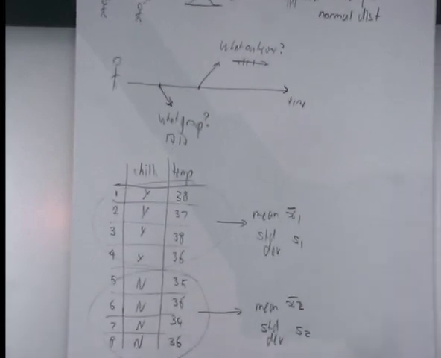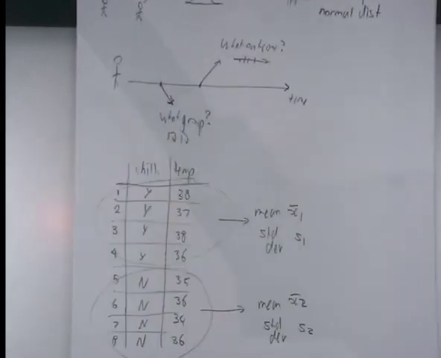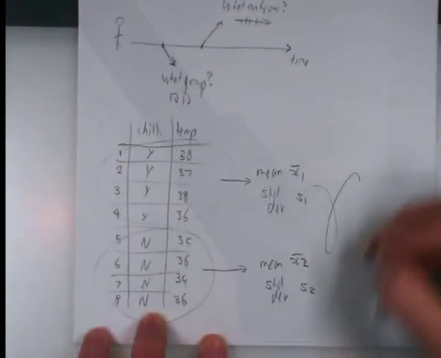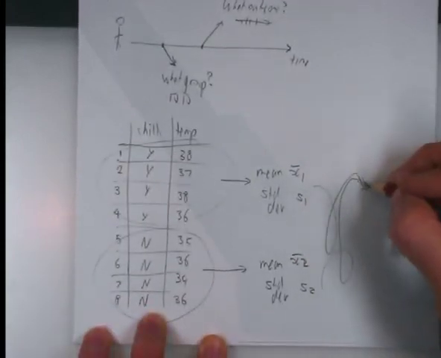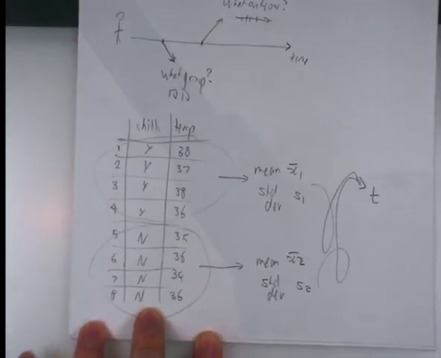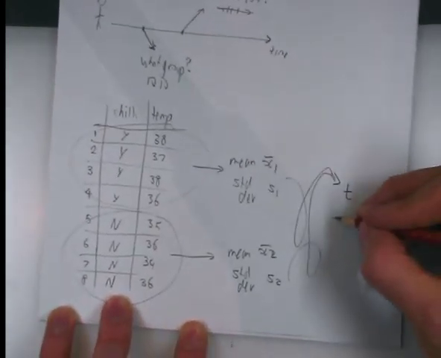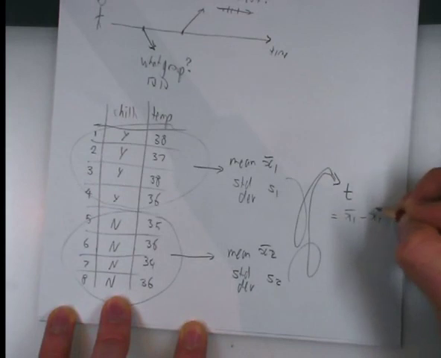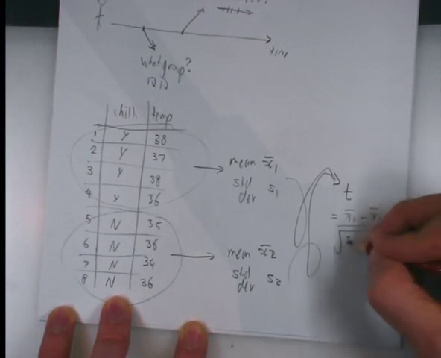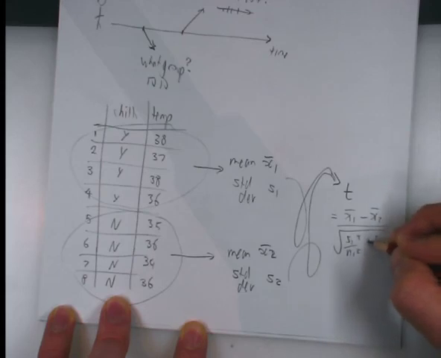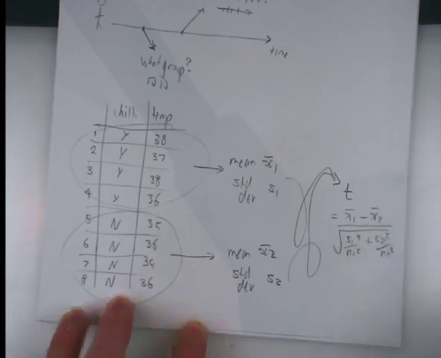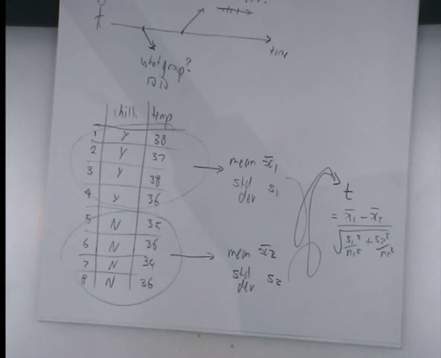And then you combine all those four numbers that you calculated into one T statistic. If you want to know, it's x1 bar minus x2 bar over the square root of s1 over n. If you really want to know, but you don't, right?